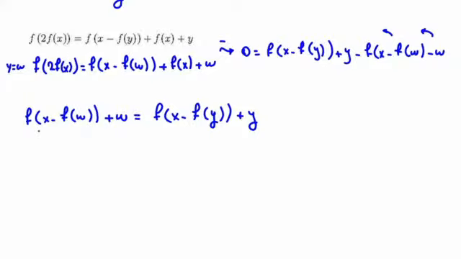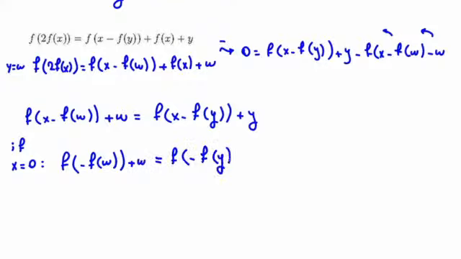Here we can say, for example, let's consider x equal to 0. Again, considering a special case or small example, f of negative f of w plus f of w plus w equals f of negative f of y, for all y and w.